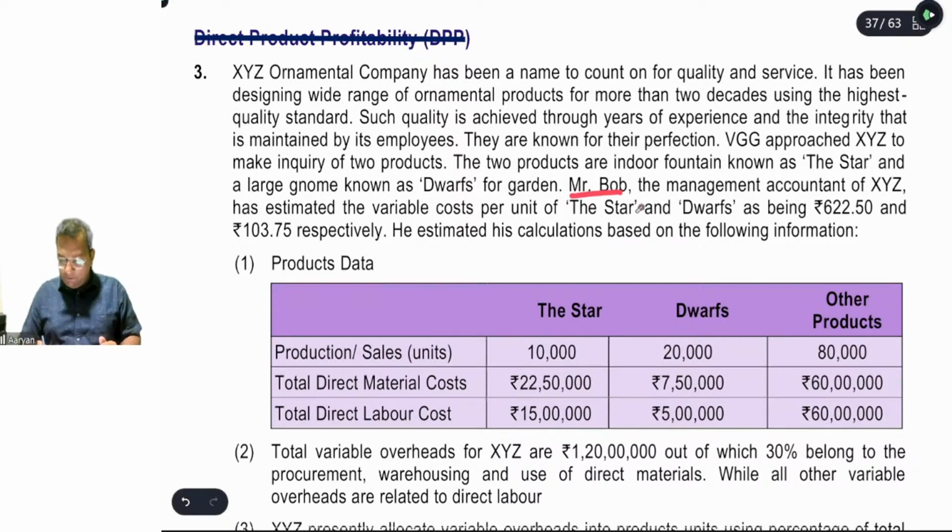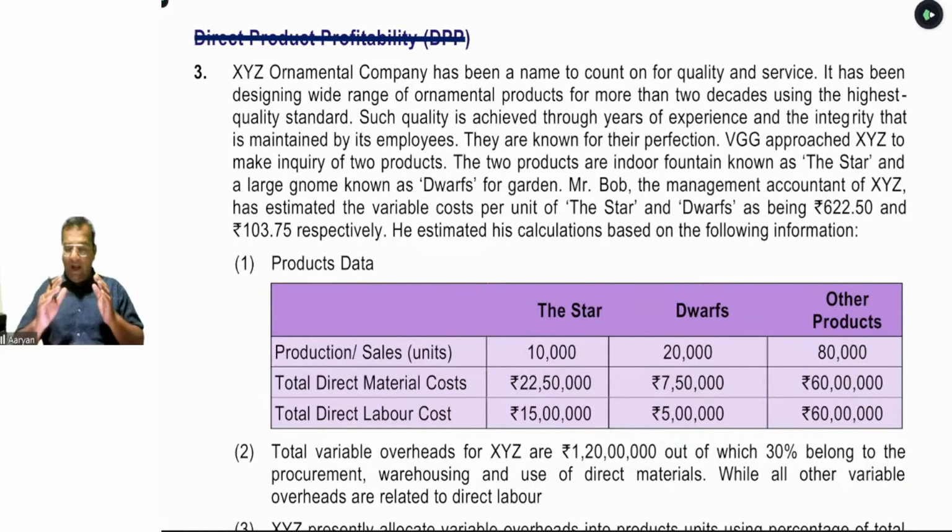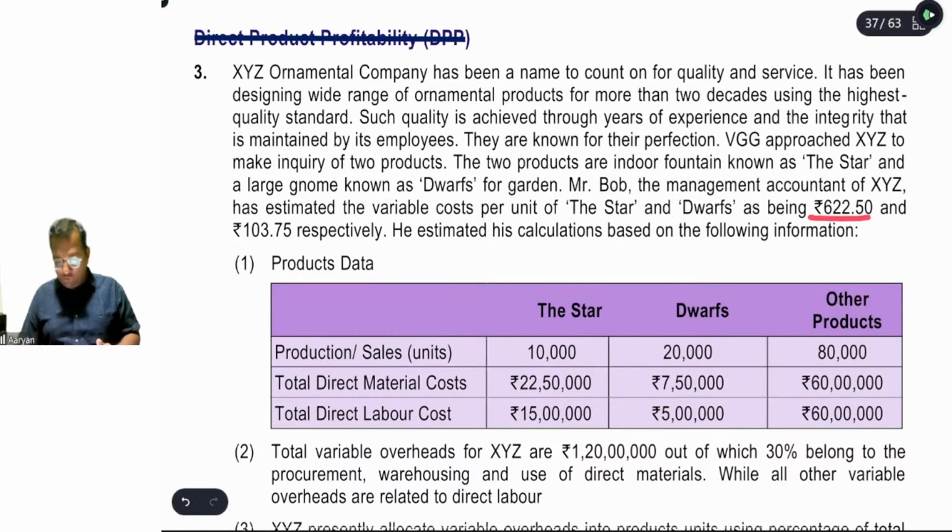Mr. Bob, the management accountant of our company, has estimated the variable cost per unit of the Star and the Dwarf as 622.5 and 103.75 respectively. So Mr. Bob, the management accountant of our company, has given us that the variable cost per unit is 622.5 and 103.75.